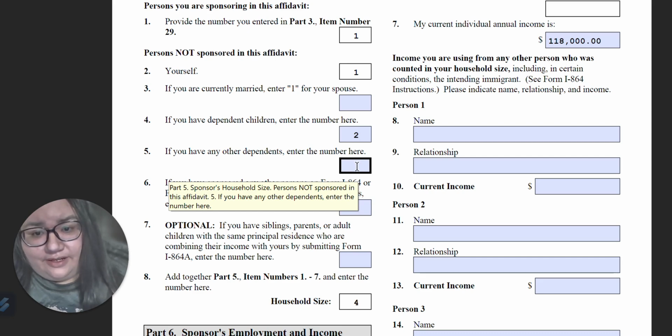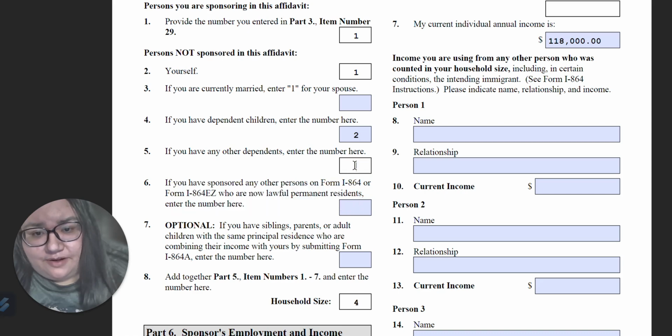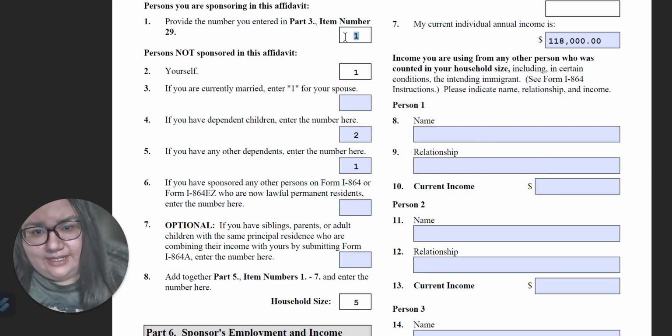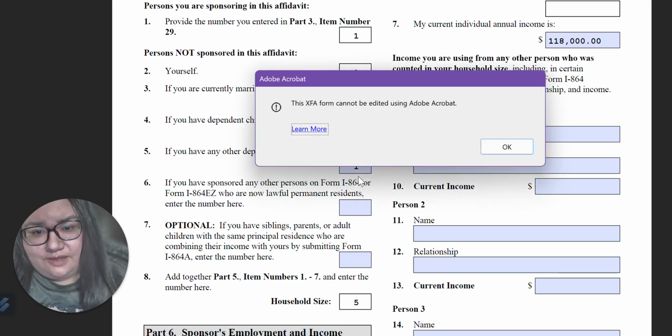In that scenario, we're going to go ahead and put a 1 here for Jose's younger brother because his younger brother is not his child, but he is a dependent on his taxes. So we're going to stick with that. Jose's household is Fulanita up here, himself, their 2 children, and Jose's younger brother that lives with him, that Jose takes care of and provides for financially and has listed on his most recent tax return.